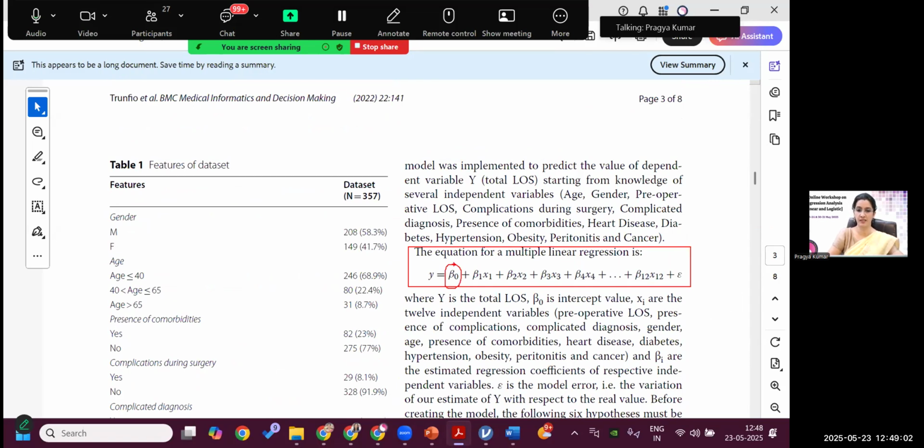Yes, it is an intercept. And what is a beta 1, beta 2, beta 3? What do we name this? Coefficient. Very right. And then there is an error or residual towards the end. Right. And what is x1, x2, x3, x4?